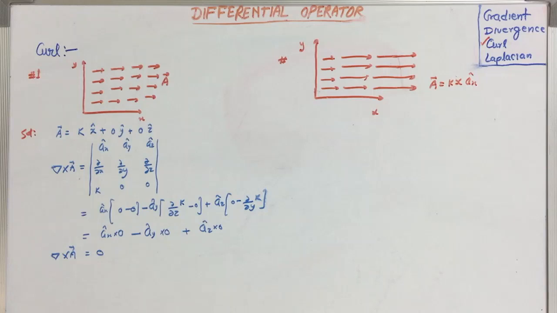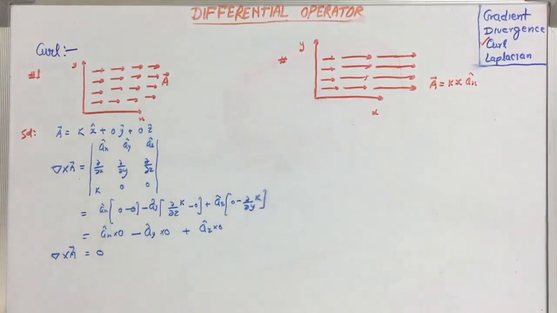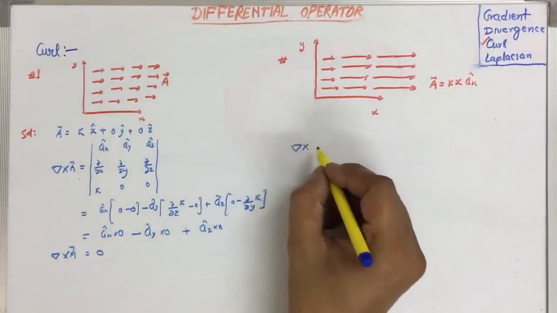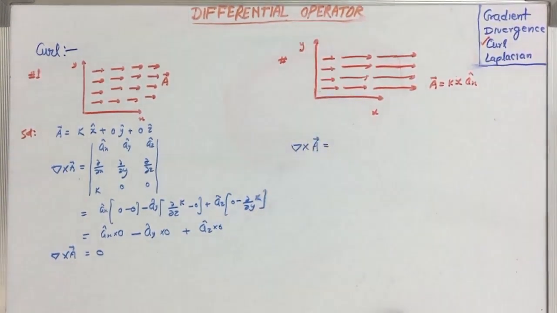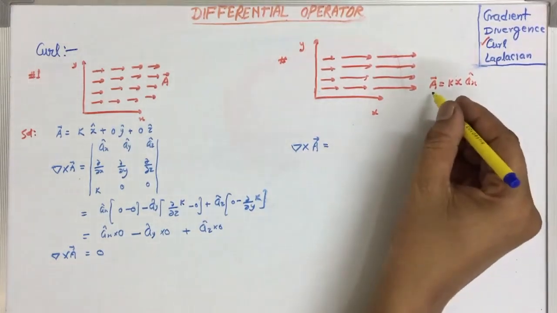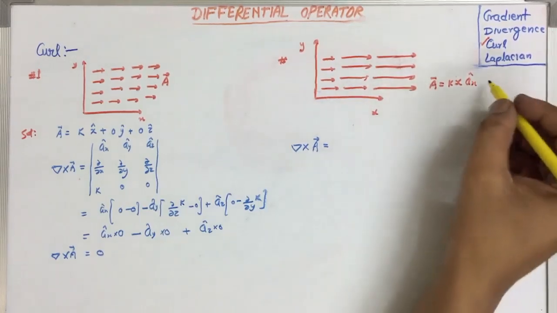circulation of the field. In that case, as you have done in the previous case, you have to find the curl of field A. And to find the curl of field A, first of all you have to know A. If you know A, then you can find the curl easily.